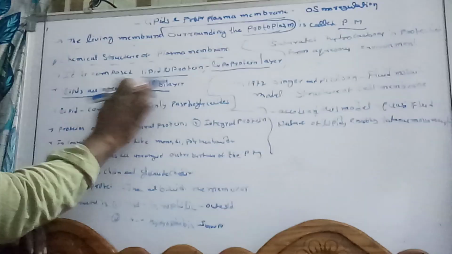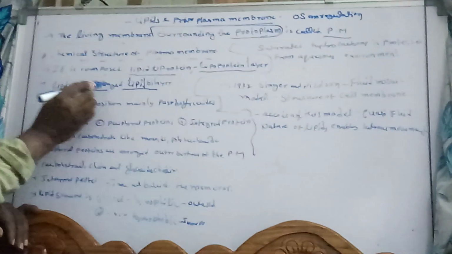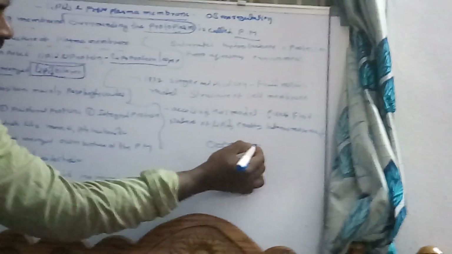The lipids are arranged in layers. It is called a lipid bilayer. What is that? Lipids are arranged in two layers. This is the first layer, the outer side one.